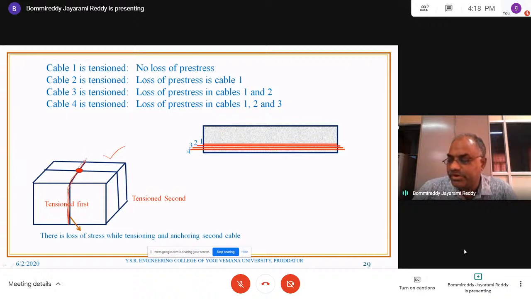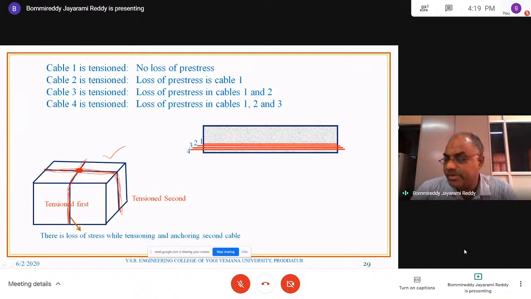That means tension is applied in this cable. Afterwards, if you apply tension in the other direction, what is going to happen? There will be some loss in the previous cable. It gets relaxed. The stress will be less.